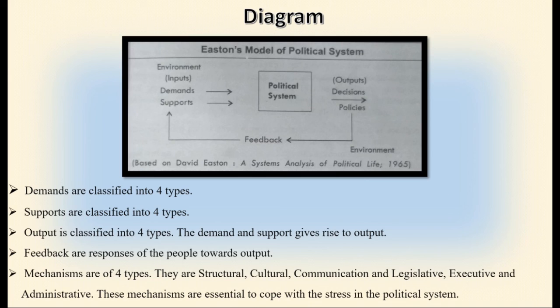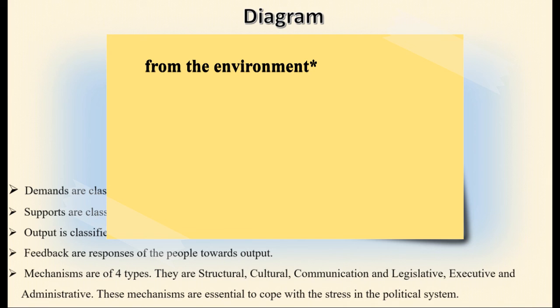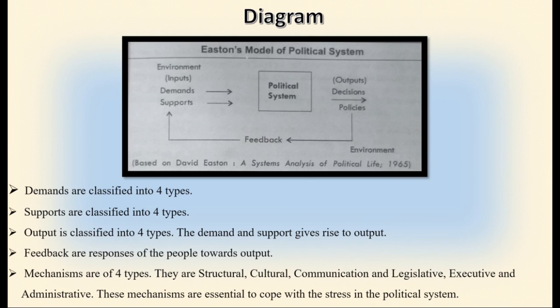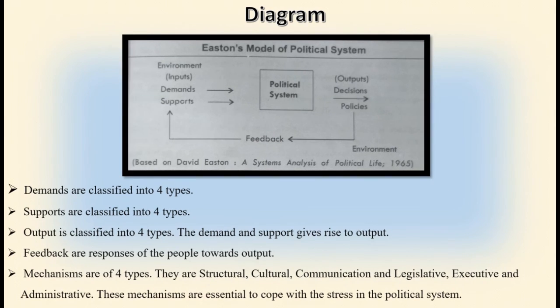That is, both input as well as output. The feedback makes the system very alert, dynamic, efficient, and objective oriented. The feedback also makes the system aware of the dangers from it. In the absence of the feedback, the system will become unresponsive.